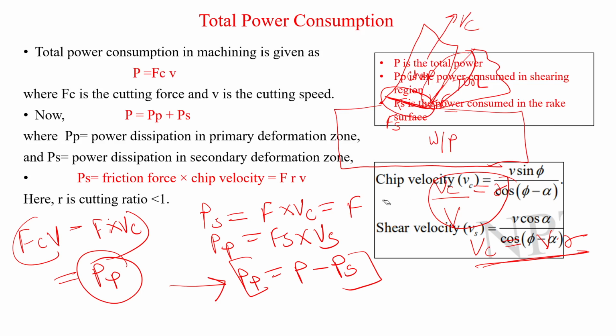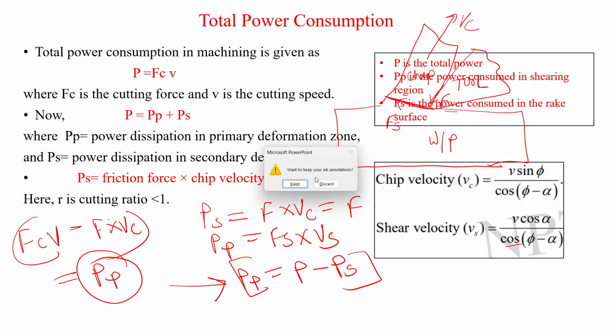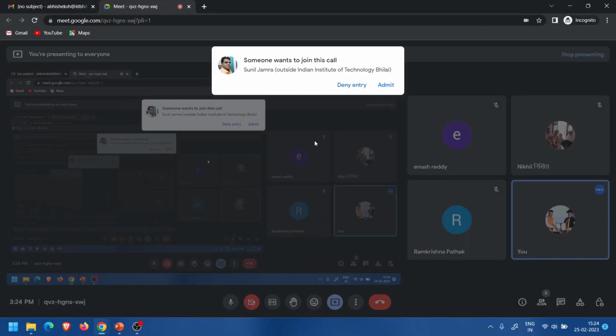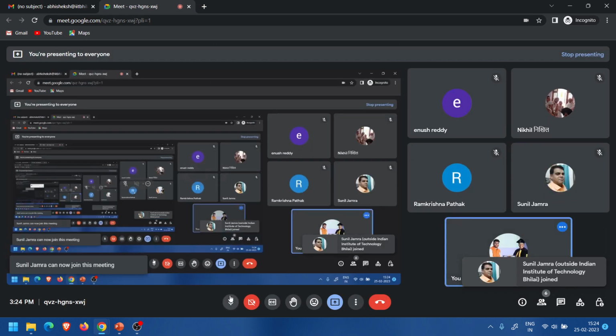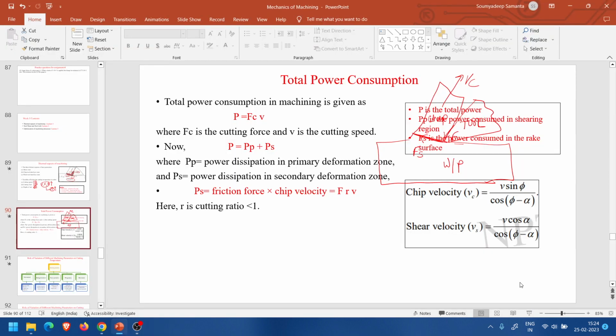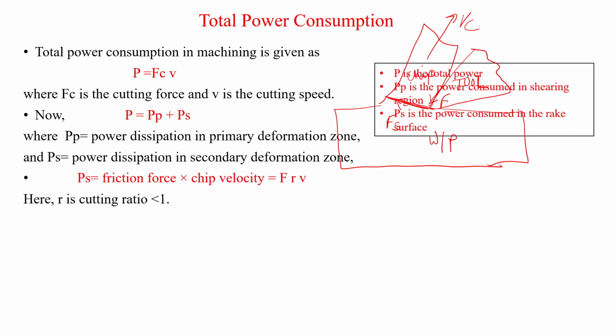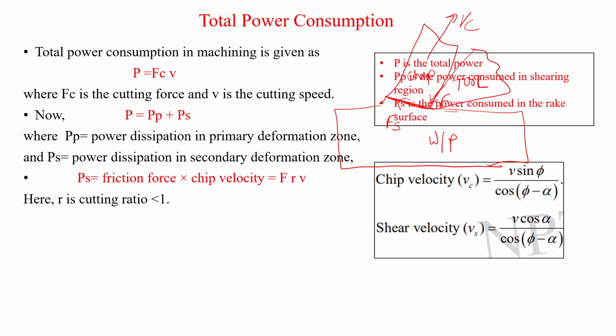This one thing, you can see, we have already seen in our last class, what is the relation between the chip velocity Vc and V, the cutting velocity, and what is the relation between the shear velocity Vs and V. So by using these relationships, we can find the velocity.